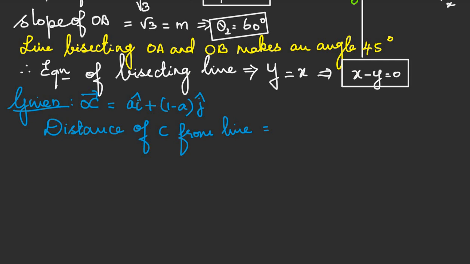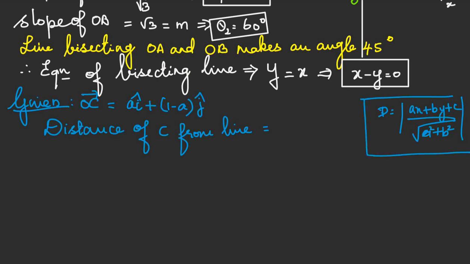Distance of a point from a given line, we know D is equal to modulus of (Ax plus By plus C) divided by root of (A square plus B square). We know the formula to find the distance of a point from a given line.